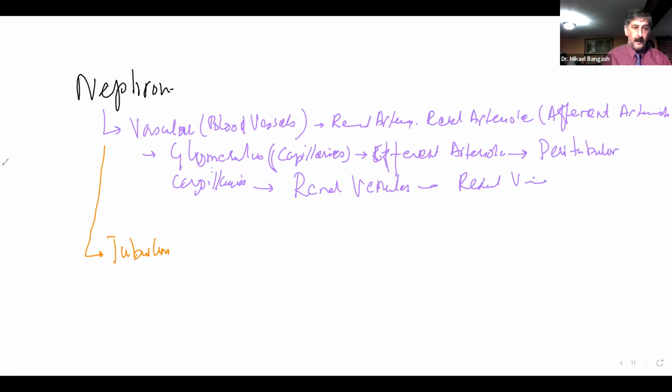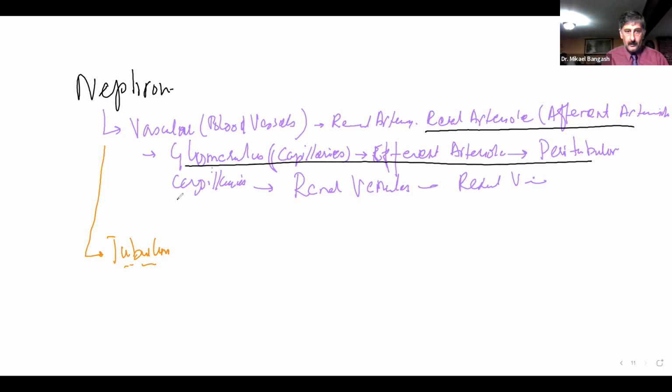Is that clear? Okay. Now, guys, our tubular system of the nephron. Pretty much, if we talk of the nephron, the vascular part of the nephron is made up of this part here, which will be part of your nephron.